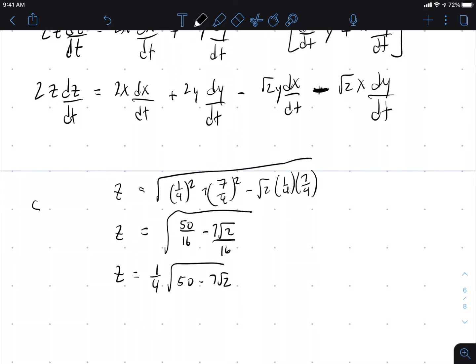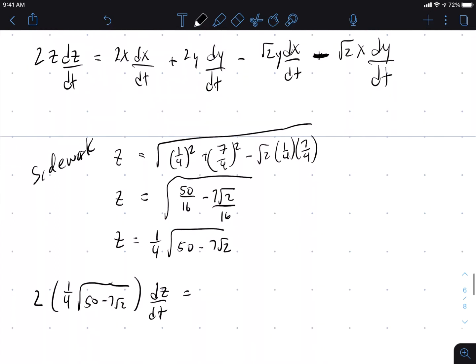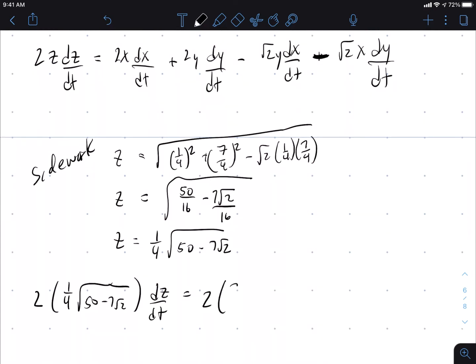Now, that's the side work. Back to the problem. 2 times 1/4 root of 50 minus 7 root 2, dz/dt, which is what we're looking for, equals 2 times 7/4. dx/dt was 7, correct? dy/dt was 1.